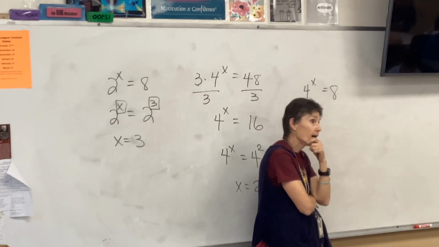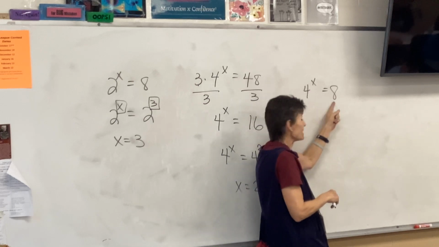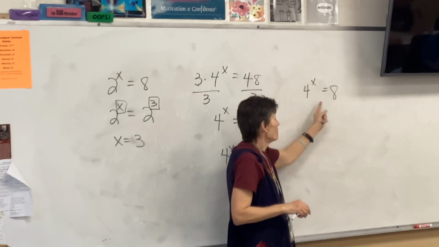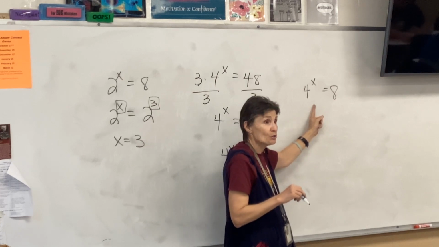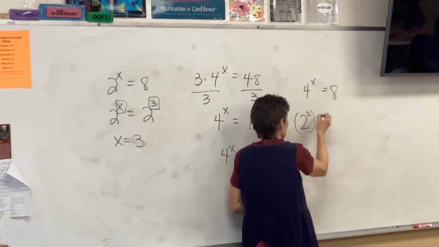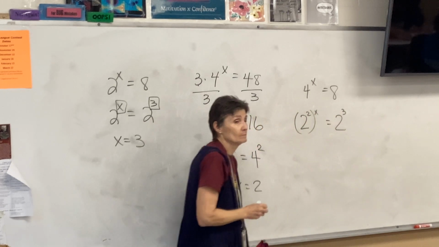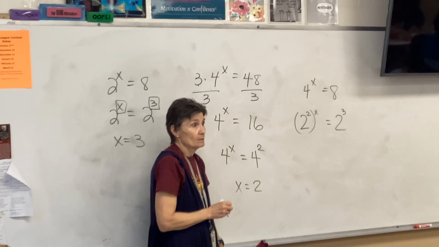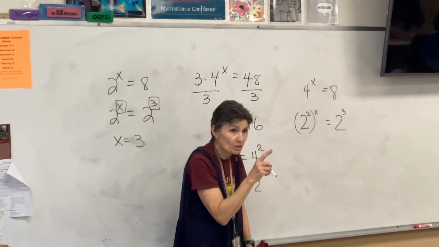2 squares 4. Uh-huh. So Jack said, look, guys, 8 is not a power of 4. But both of these numbers are powers of 2. So 4 is 2 squared, and 8 is 2 cubed. In order to do the problem, you gotta make a match.